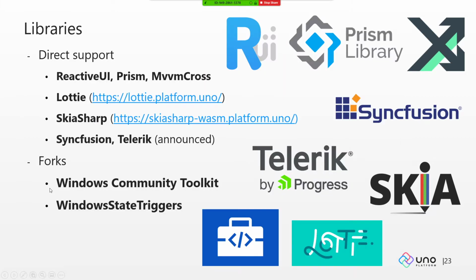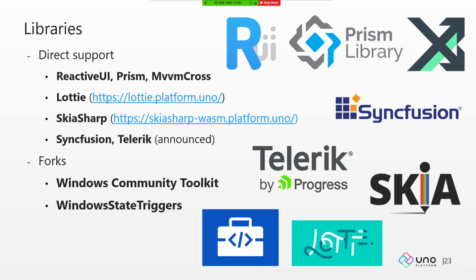Okay, and there is also support coming from Syncfusion and Telerik. And finally, there are forks for many different libraries like Windows Community Toolkit, Windows State Triggers, and so on. These are basically forks which Uno platform made to just compile those libraries against Uno UI instead of the Windows APIs.